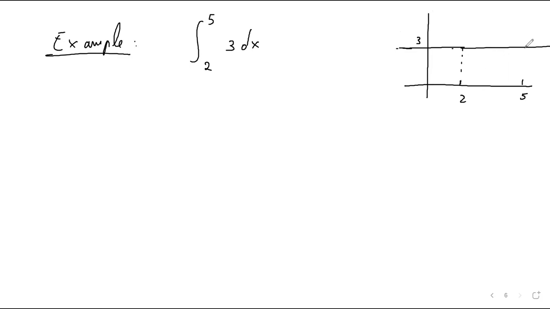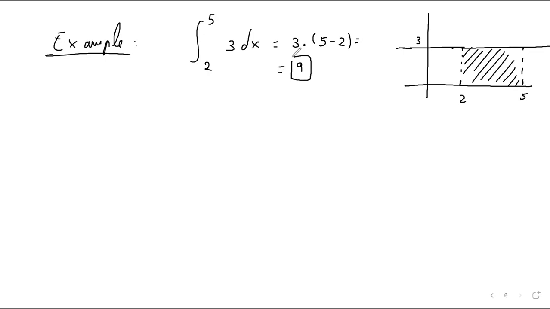So the area under the graph is simply this rectangle. That's going to be 3 times 5 minus 2, right, folks? The length of the base is that. So it's going to end up being 3 times 3, and that's going to be 9 as well.